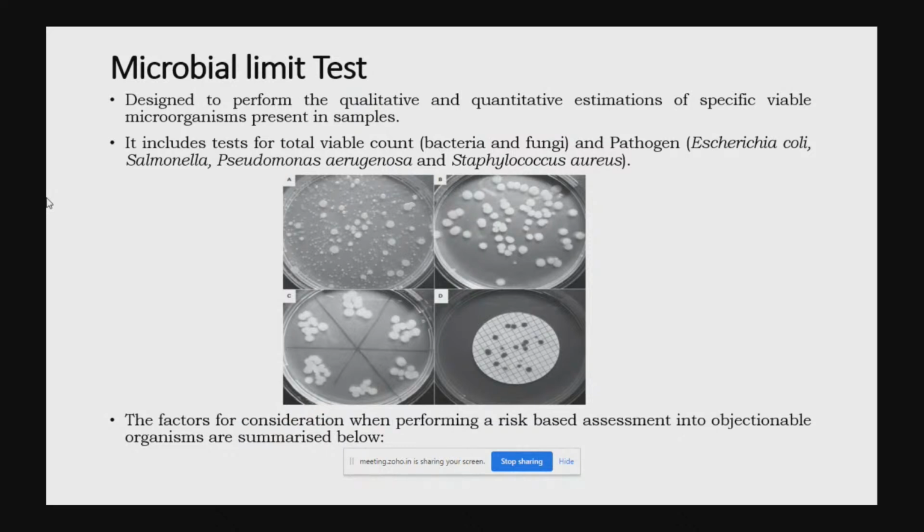Here a few diagrams are shown: diagram A indicates the pour plate technique, diagram B indicates the spread plate technique, and diagram D is the membrane filtration technique. In that way, different techniques are utilized for performing different tests.